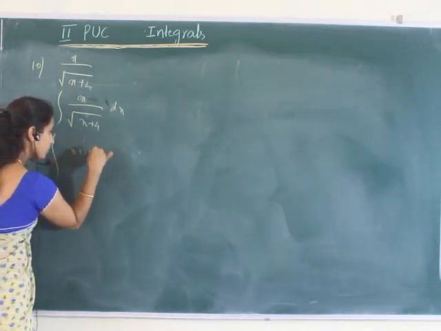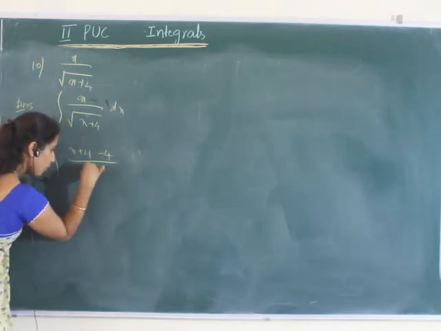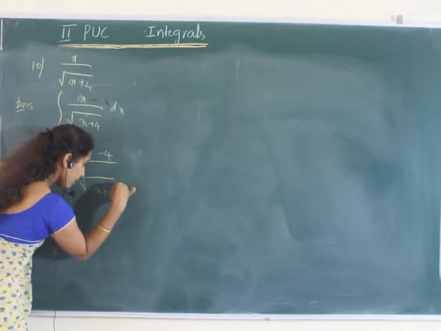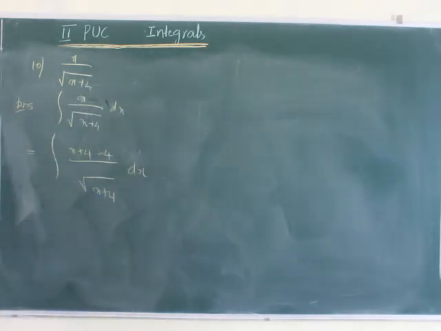x plus 4 minus 4 divided by root of x plus 4 dx. Now we can split it into x plus 4 by root x plus 4 minus 4 by root x plus 4.